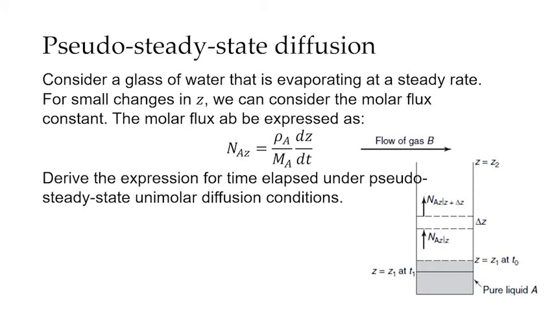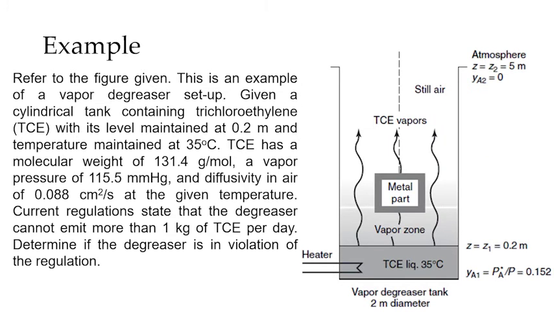With that derivation, let's now try to solve some examples. First example, refer to the figure given. This is an example of a vapor degreaser setup. Given a cylindrical tank containing trichloroethylene or TCE with its level maintained at 0.2 meters and temperature maintained at 35 degrees Celsius.